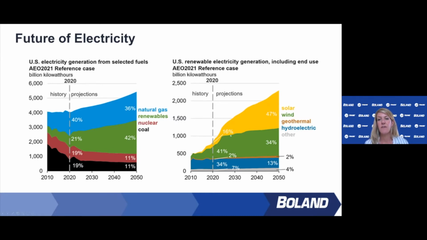That's projected by 2050 to go to 47%. And you can see all of the other different types of renewables as well. So it's really interesting to see where that investment is going. It's going to change the grid, and understanding what that mix is going to look like.